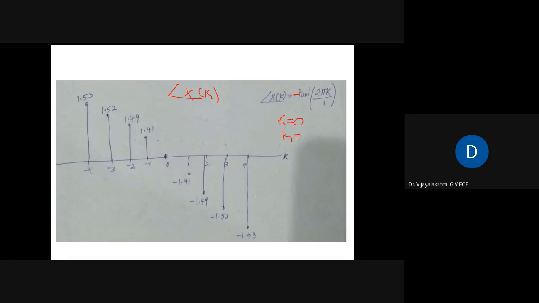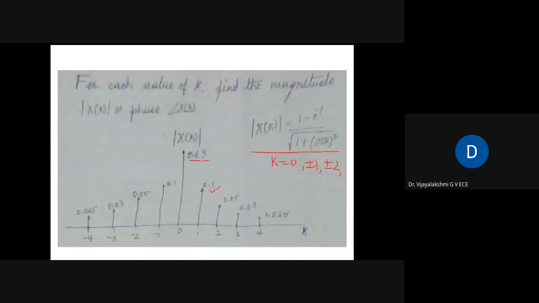Now, when you observe the plot, I wanted to tell you one thing. When I told you about the magnitude and phase spectra, I told you that the magnitude spectra is an even function. Okay, so you can see that this x of k is the same as your x of minus k. So this is an even function.